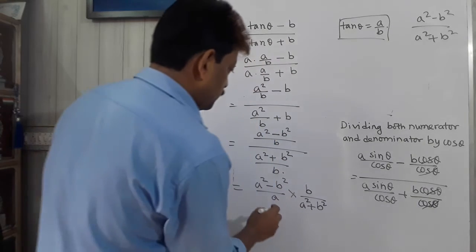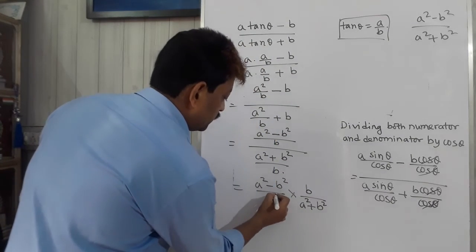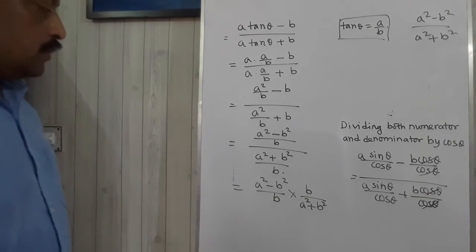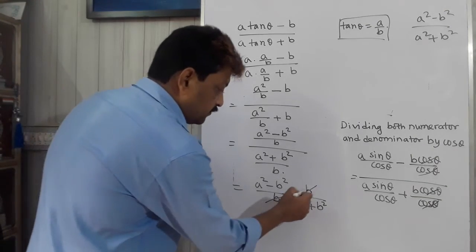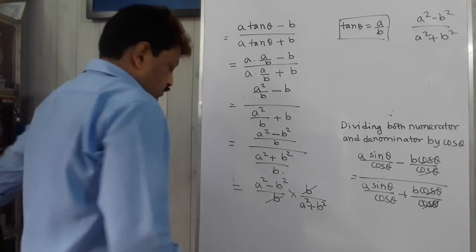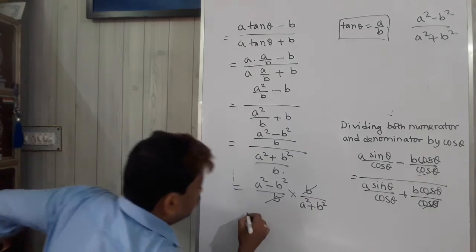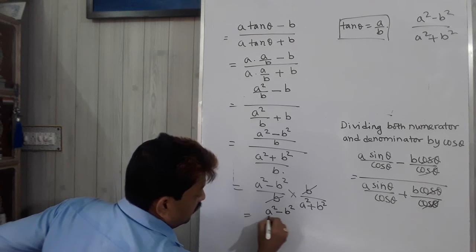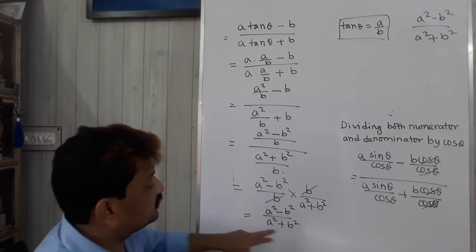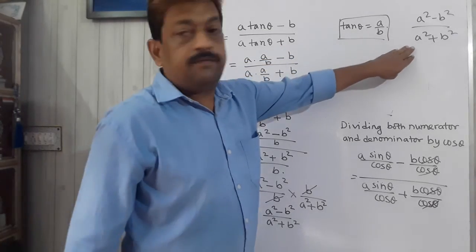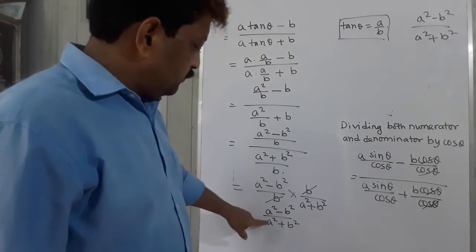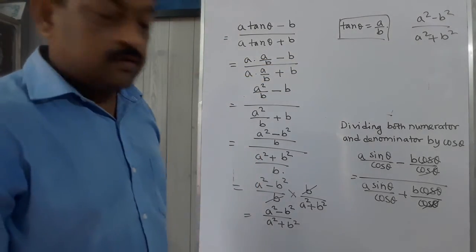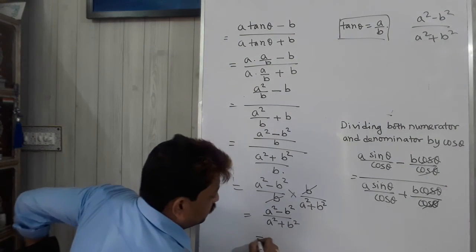Okay, sorry, this will be b. Now we can cancel this b and b. So after cancelling, what will we get? We will get a square minus b square upon a square plus b square, and this is the right hand side we have to prove. So equals RHS.